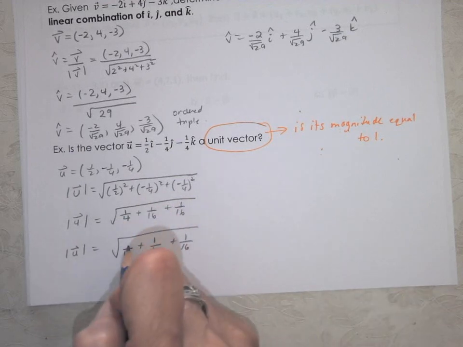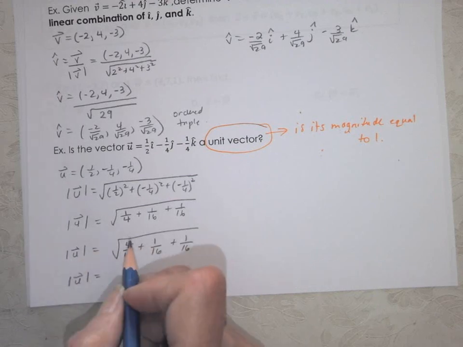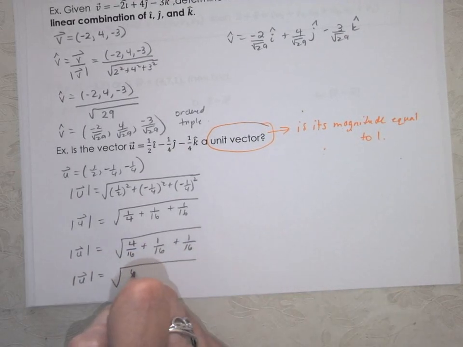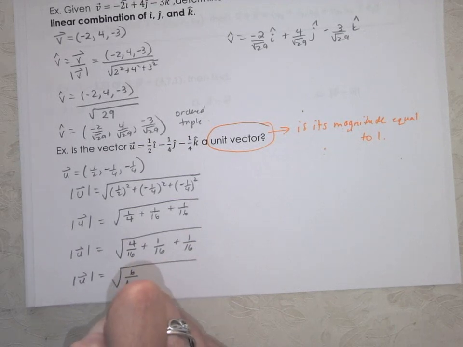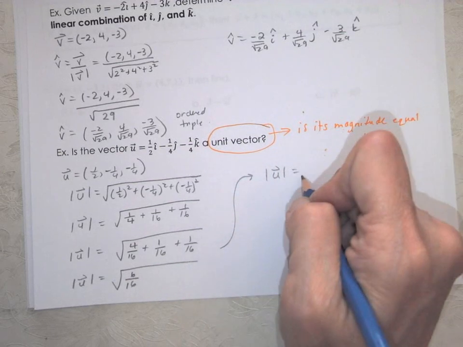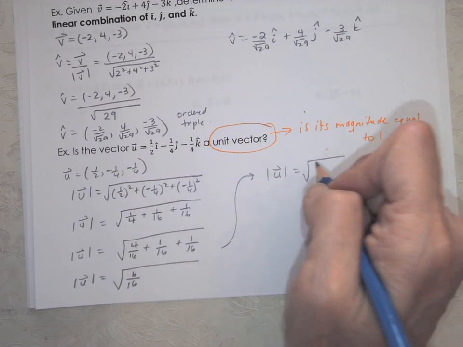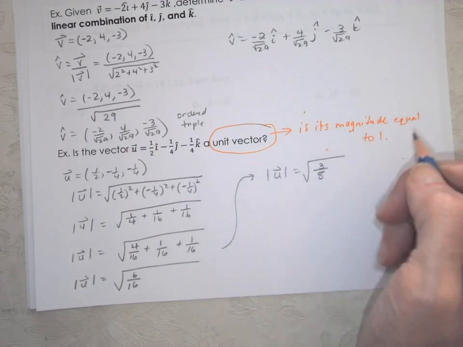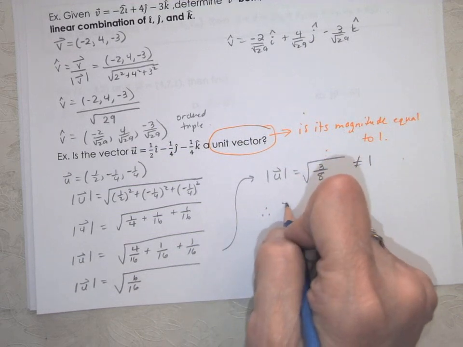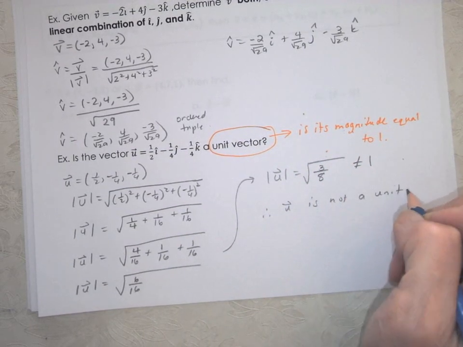And then 4 times 4. So that's going to give me the magnitude of vector u is the square root of 6 over 16, which we can tell is not going to be 1. So that's going to give me the square root of, divide top and bottom by 2, 3 over 8, which does not equal 1. So therefore, vector u is not a unit vector.